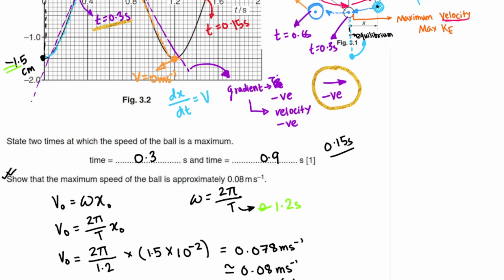Then we write shown. Very simple. See, physics is very easy. A-level physics is very easy if you understand the concepts.